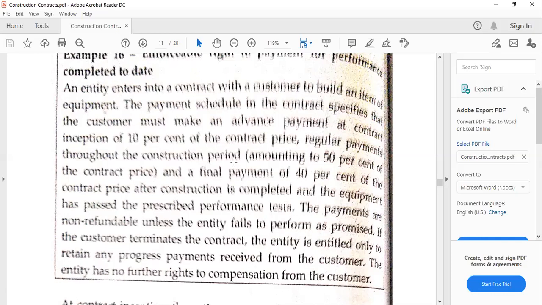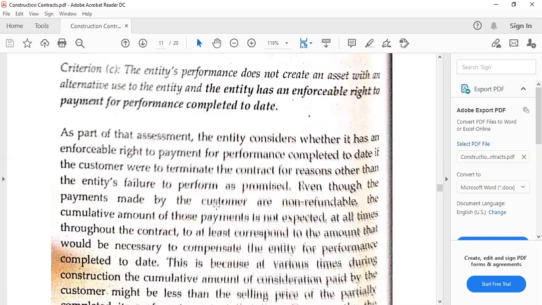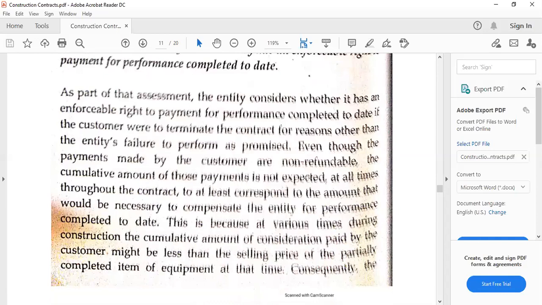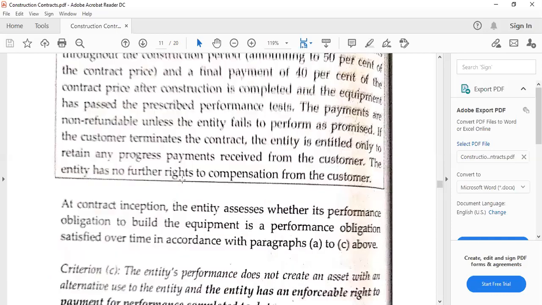So it's not clearly indicated here in the problem that it would be the case, as said also at the bottom part, that even though the payments made by the customer are non-refundable, the cumulative amount of those payments is not expected at all times to correspond to the performance completed to date. This is because during the construction, the cumulative amount of consideration paid by the customer might be less than the selling price of the partially completed item of equipment at that particular time.